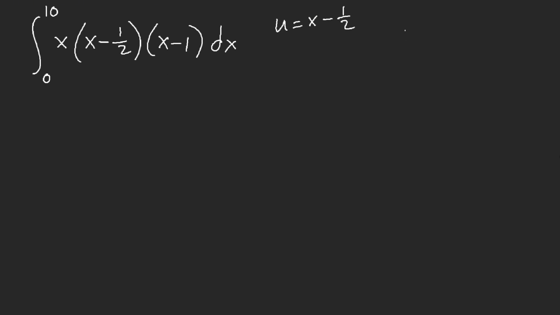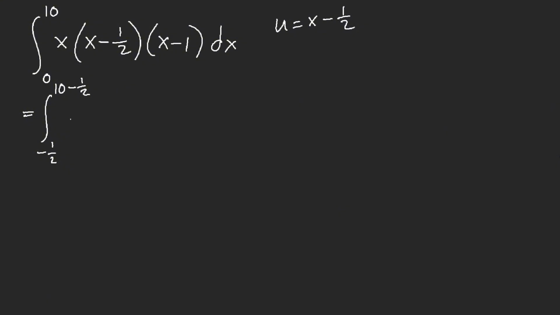The reason I want to do this is that technically these linear polynomials are consecutive by a half. So I have negative half, I have like 10 minus a half. I wrote it like this because I didn't want to simplify the whole thing.